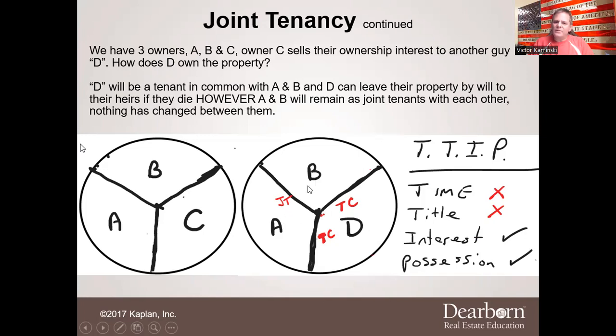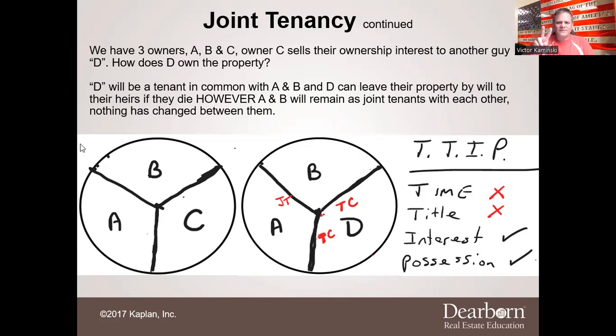But A and B will still remain joint tenants with each other because they're the 2 original owners that are left. So if one of them dies, the other will inherit their interest, not D, because D is not a joint tenant. And if D dies, neither of them will inherit D's interest because D was a tenant in common, and a tenant in common can leave their shares by a will to their heirs.